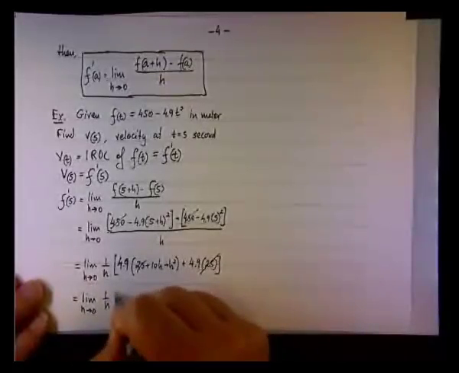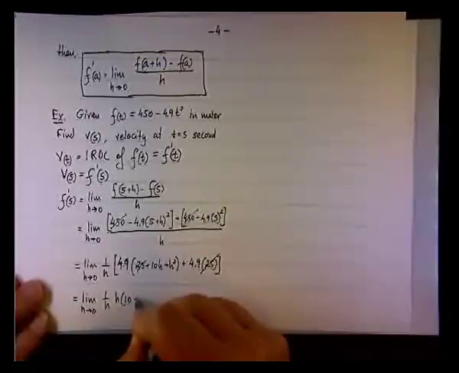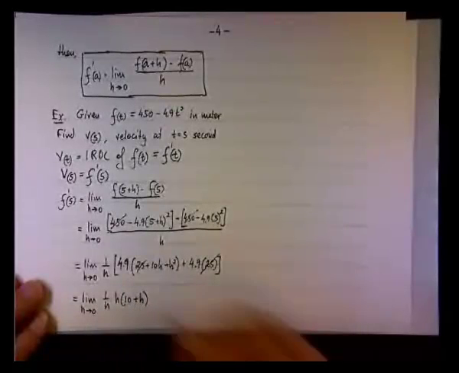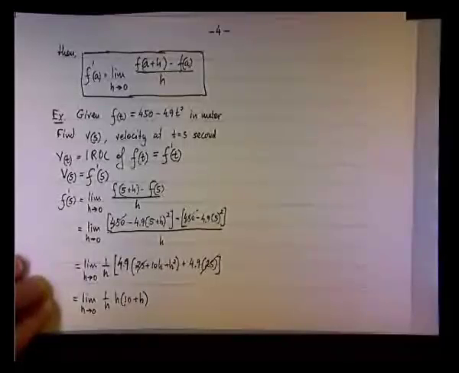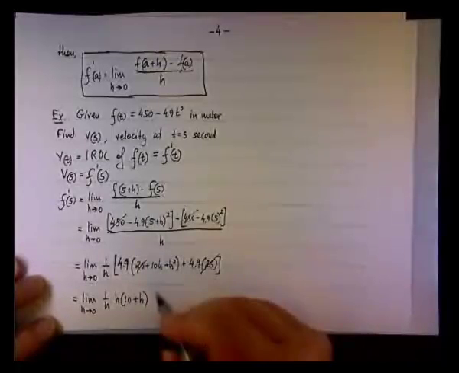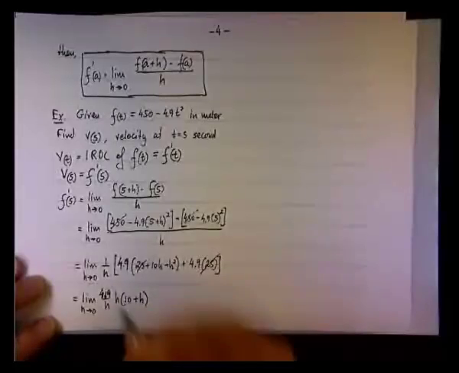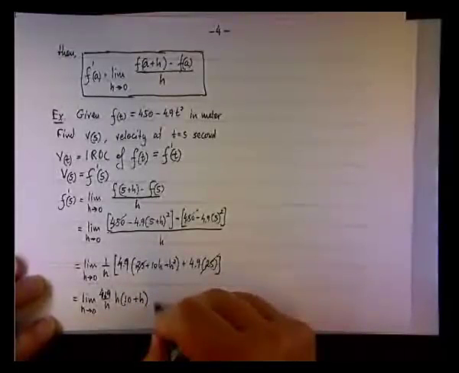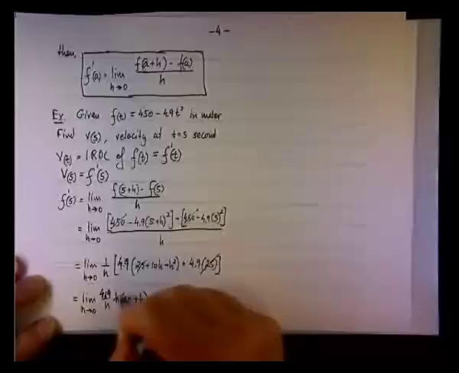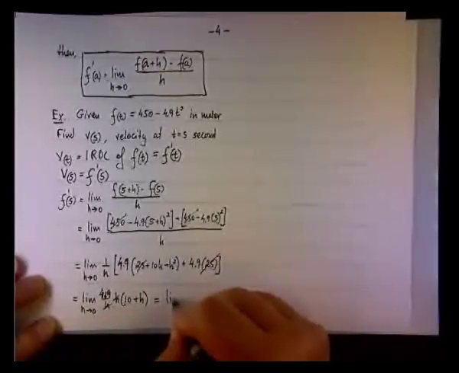So I factor out the h, and I end up having 10 plus h, like so, times 4.9. So let's put the 4.9 on top. Forgot about that. Shame on me. Okay, so again, h and h cancel each other. So we can write right here, it would be the limit as h approaches 0.